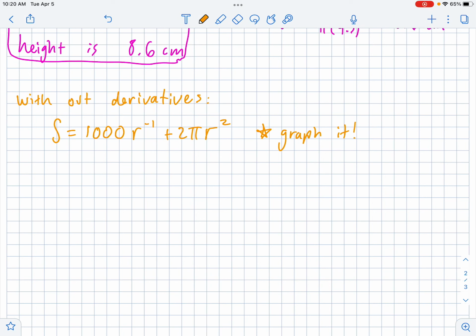Now, you can graph this in your graphing calculator. The thing that's weird when you graph it is your standard viewing window isn't going to look good, so you have to adjust your window.